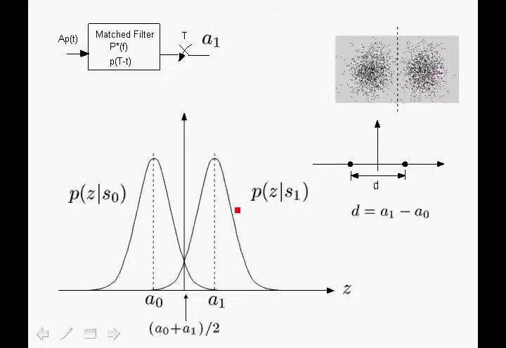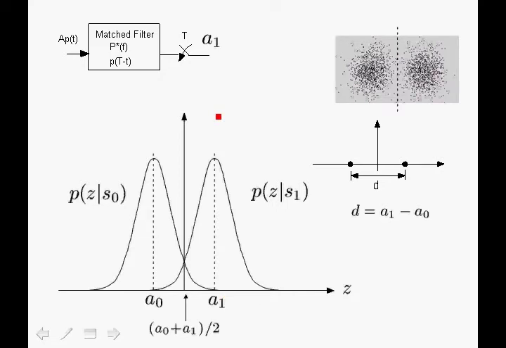Here we have the PDF for the case where a +1 corresponding to a binary 1 was sent. So this curve here represents the probability of the received signal Z given that S0 is sent, or -1, and the PDF here is equal to p sub Z given that S1 is sent, corresponding to the symbol 1.